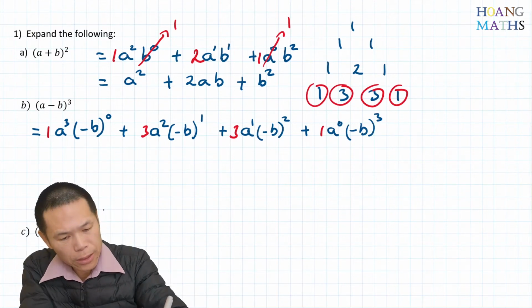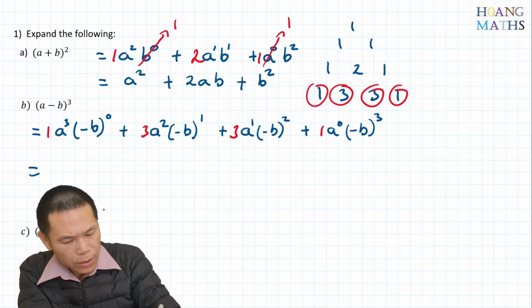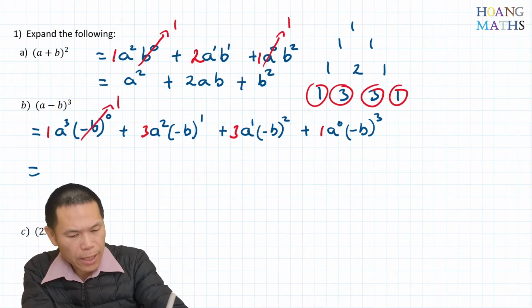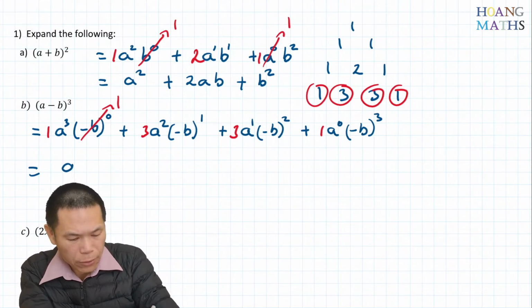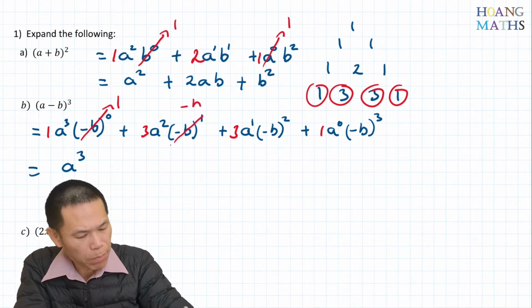To do this, we know that anything to the power of 0 is 1. So this gives me 1 here, and then A to the power of 3 times 1 is A to the power of 3. Now this one here, negative B to the power of 1 is negative B, okay?